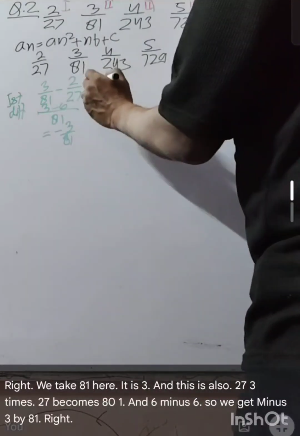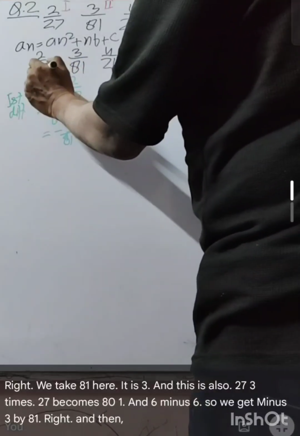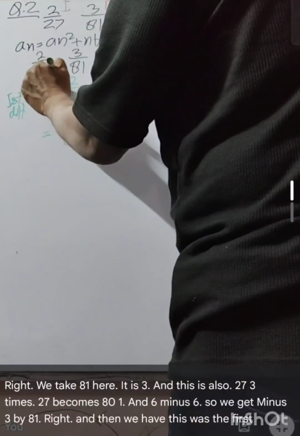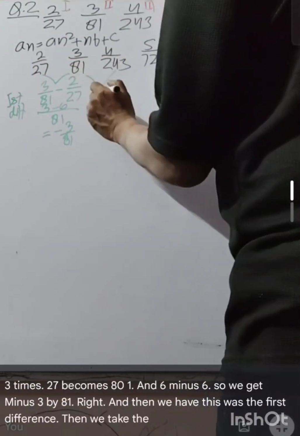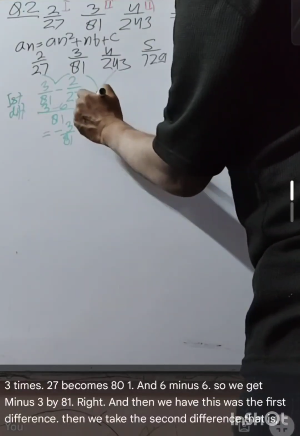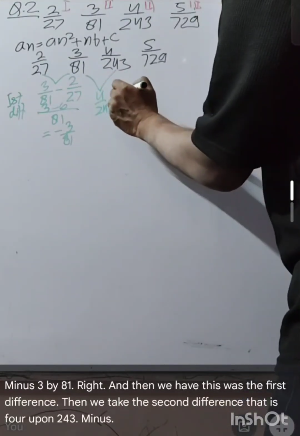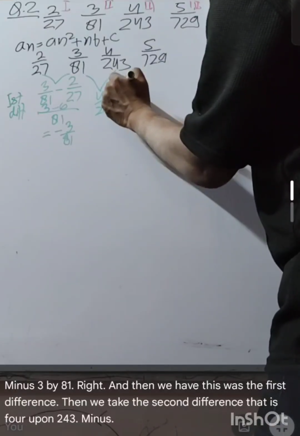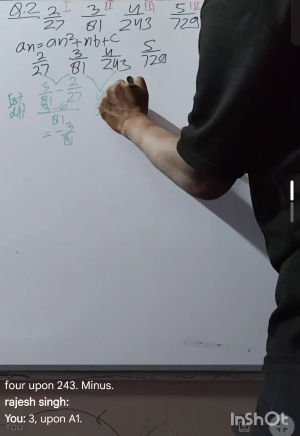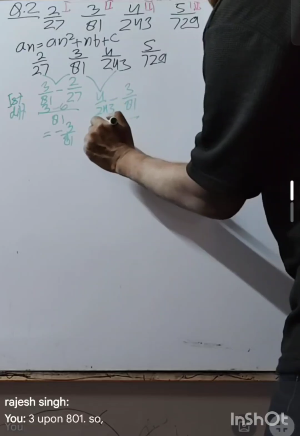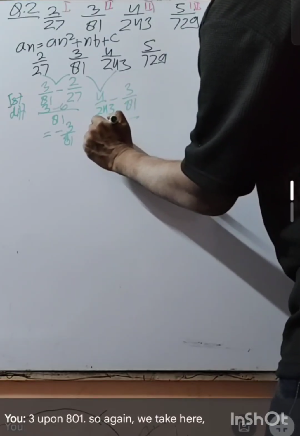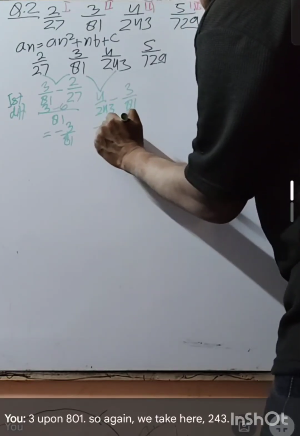Then the second one is 4 upon 243 minus 3 upon 81. Again we take 243.